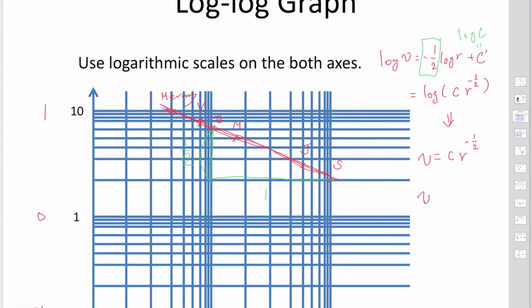So V, rotation velocity, is proportional to R to the -1/2. So from the observational data, we could derive the relation between the rotational speed of a planet and the distance of a planet from the sun.